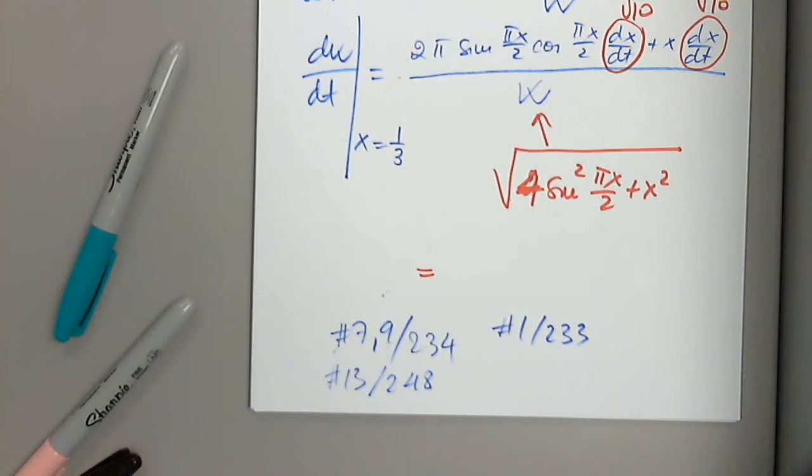Okay, do we have the number? In parentheses, for the top, 2 times pi times sine of pi 1/3, so it's in parentheses pi divided by 6 because it's 1/3.